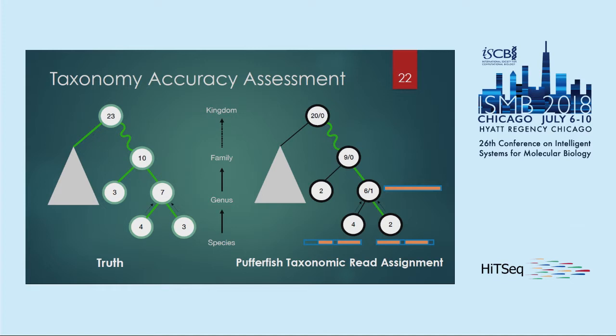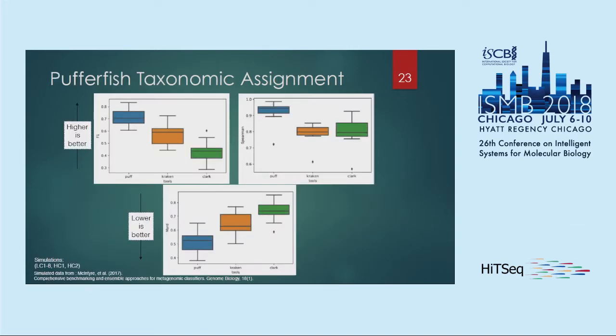What we do is that we aggregate these classified reads from the lowest level to the top of the tree, and then we compare the nodes from our prediction and the truth at the same levels, and we provide one unique assessment metric at the end for the whole tree.